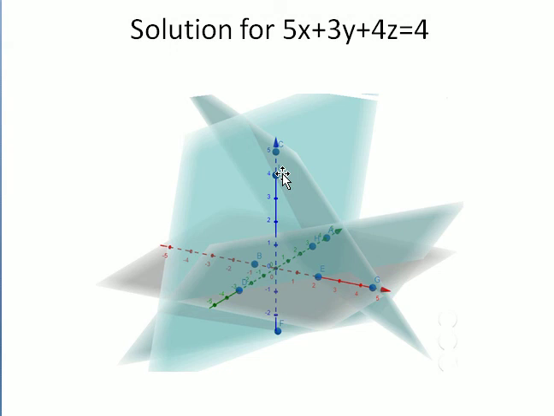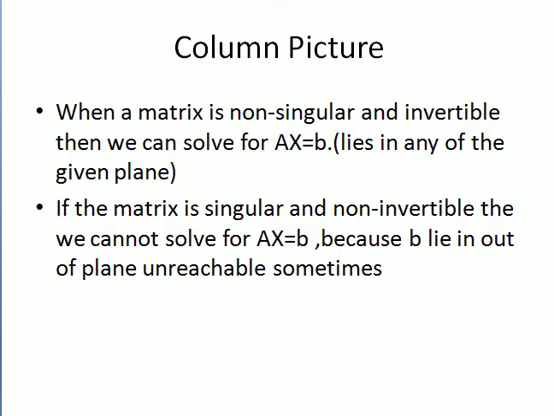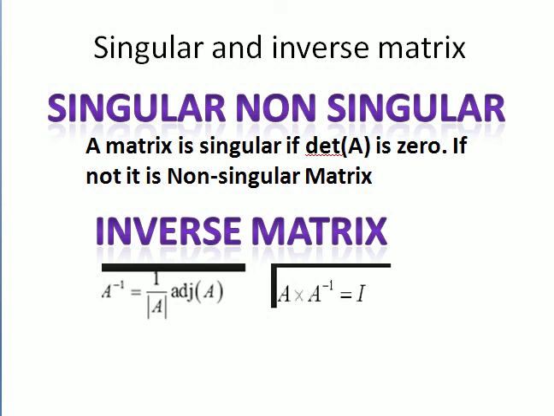That is what Gilbert Strang mentions in his video, that he cannot even visualize what a 9 dimension thing will do. So this is the case for the row picture. It is very difficult to find answers for higher dimensions. For that particular case, we are going for the column picture. So this is the column picture, and this is the condition for the column picture for finding the answers.